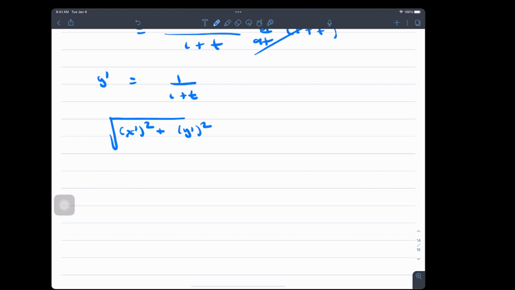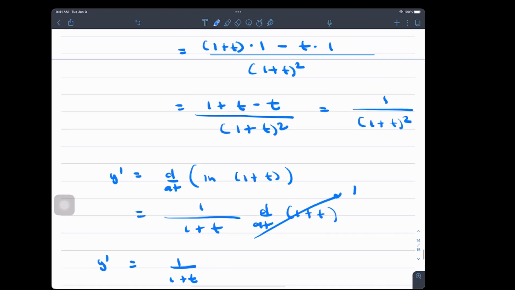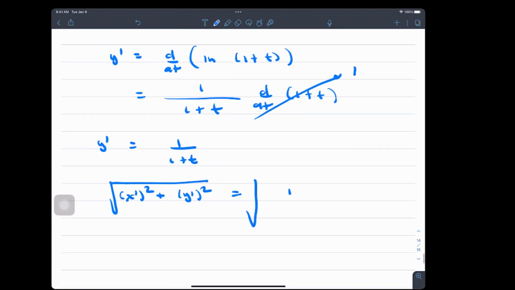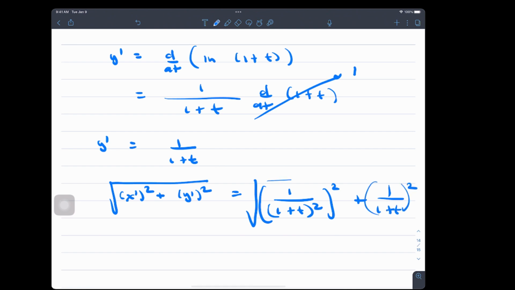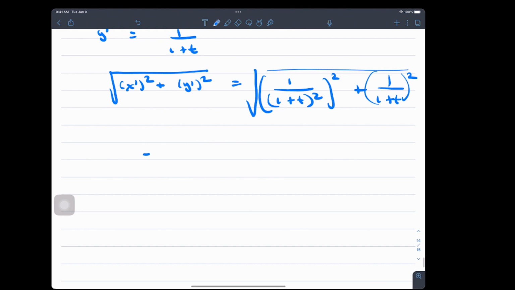And yes, do I have to take the square root? You certainly do. So you have the square root of x prime squared, which will be 1 over 1 plus t squared, that whole thing squared, plus 1 over 1 plus t, this thing squared. Do some algebra: 1 over 1 plus t to the 4th plus 1 over 1 plus t squared, and you're taking the square root there.